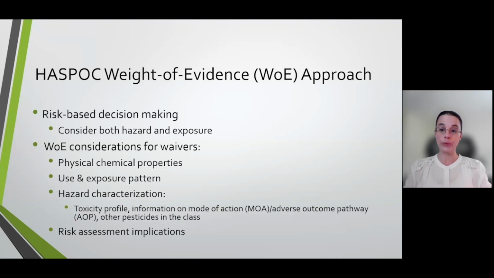This could include your standard toxicity testing, but also anything you have available on mode of action and any other information on pesticides within the same class as your pesticide of interest, or structurally similar chemicals. And then finally, we take into consideration the overall risk picture for that chemical when we're making our decisions on whether or not we can waive a specific study.